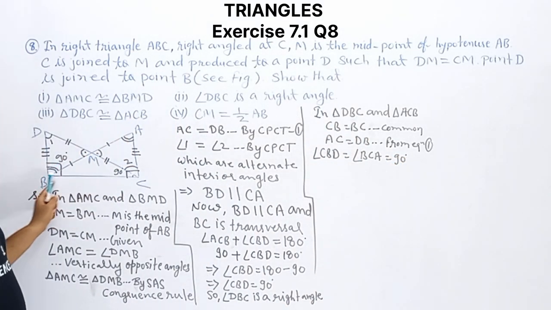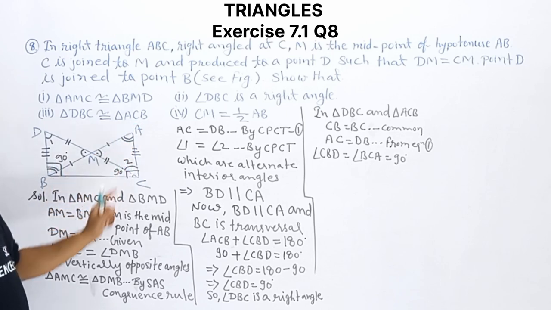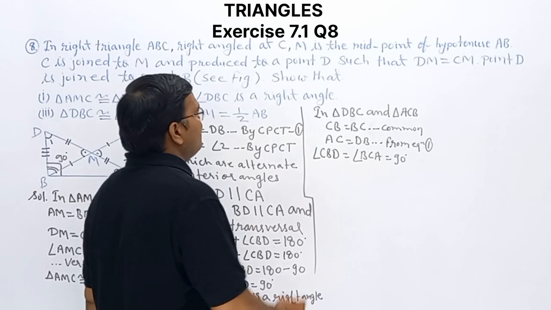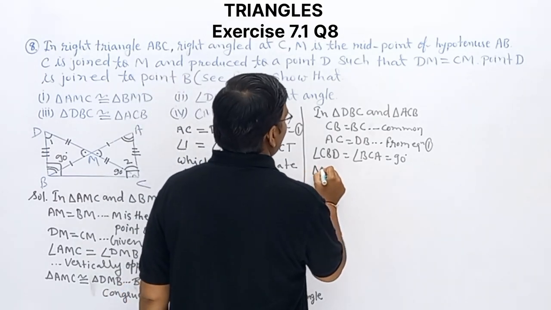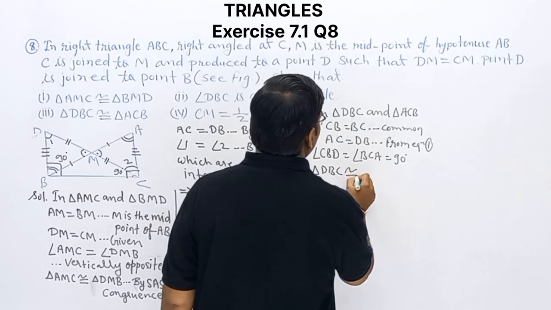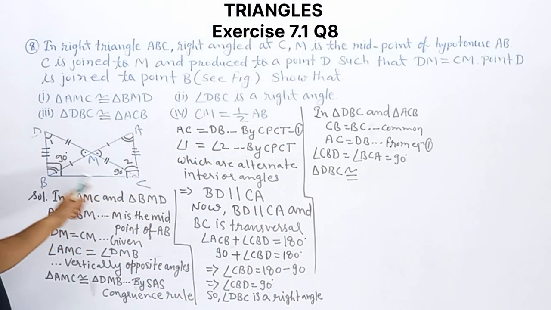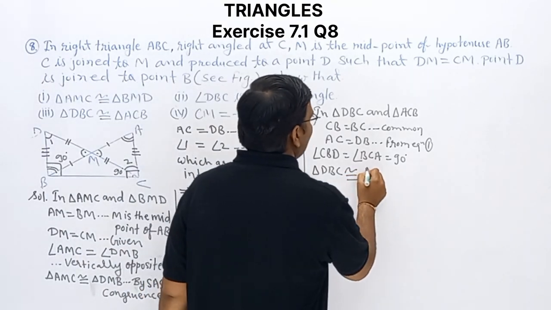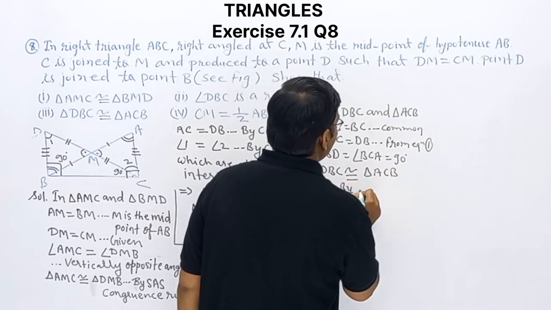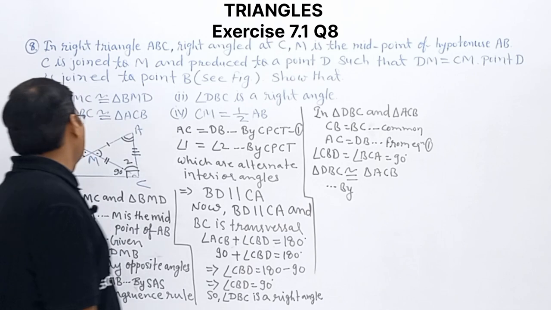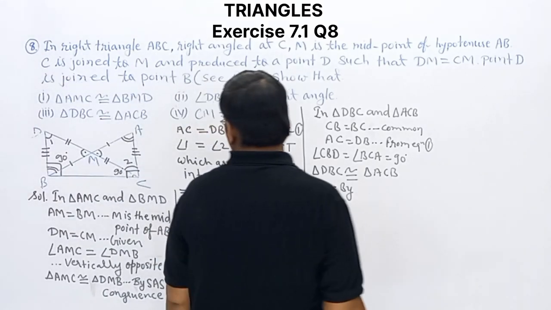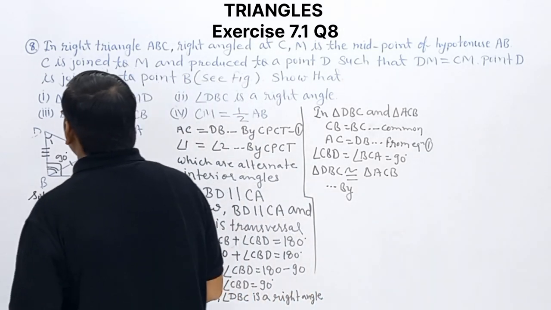Angle CBD and angle BCA are both 90 degrees. So from these three things we can say triangle DBC is congruent to triangle ACB by the side angle side congruence rule. By which rule are we applying?